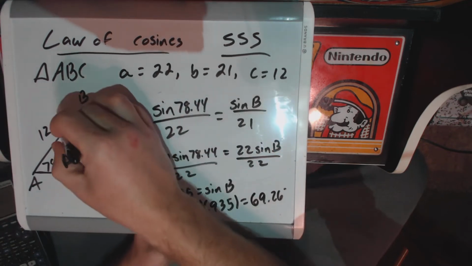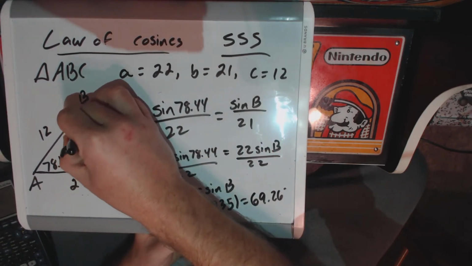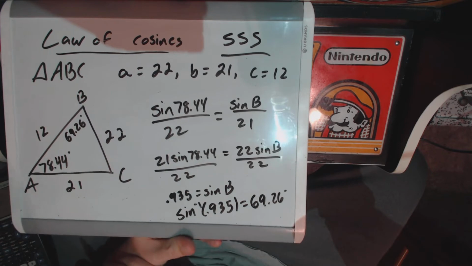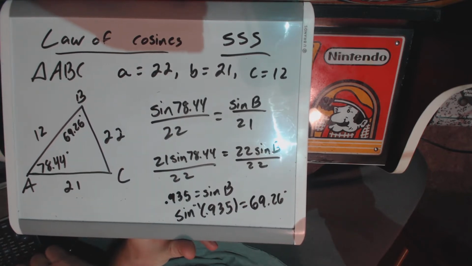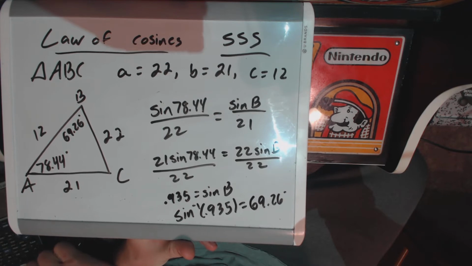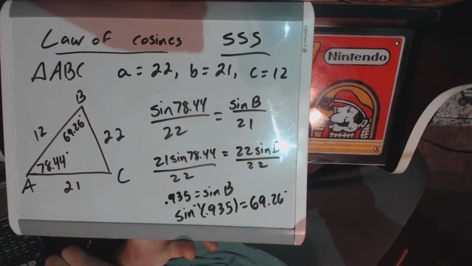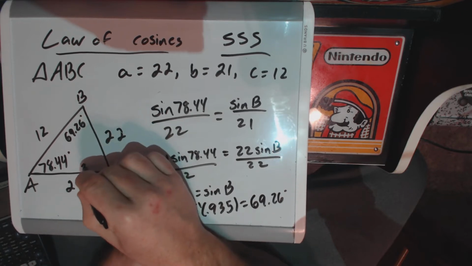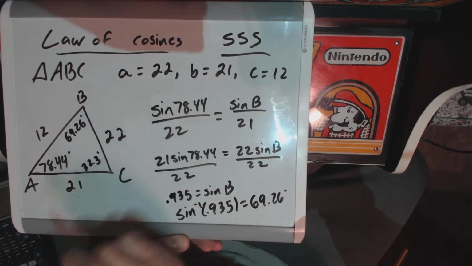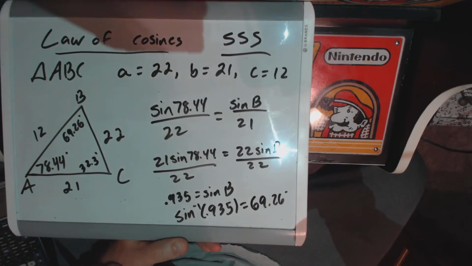Okay, so I'll go up here, put a 69.26. Okay, now for angle C, that's really easy. 78.44, right, plus 69.26. You take that out of 180, and that would just be 32.3 degrees left over.